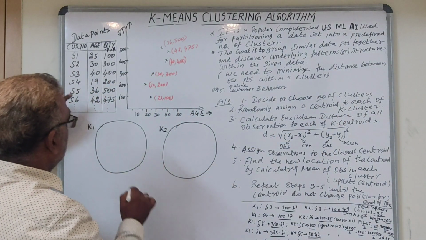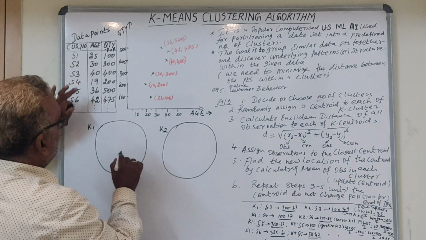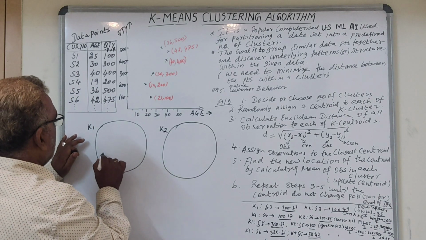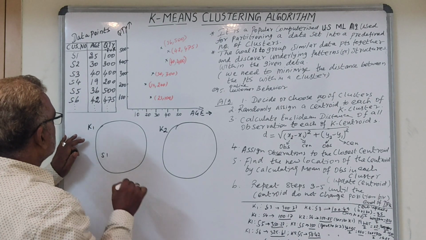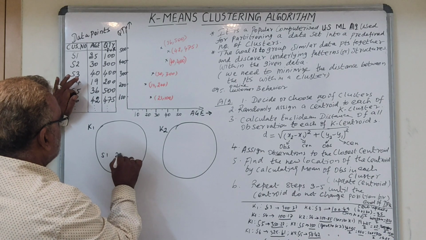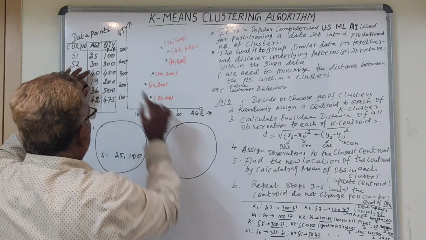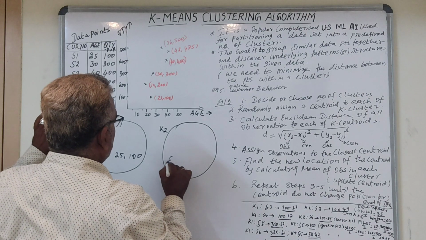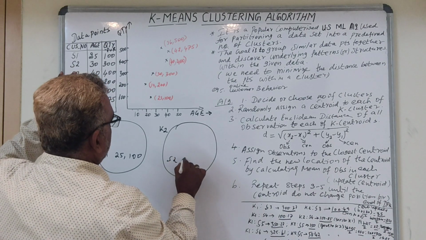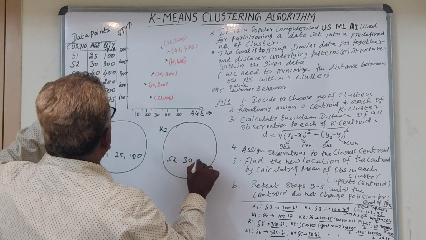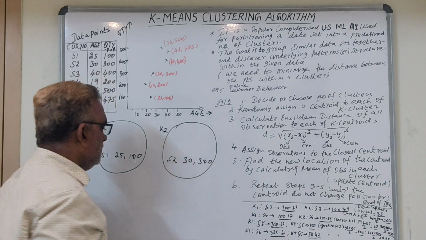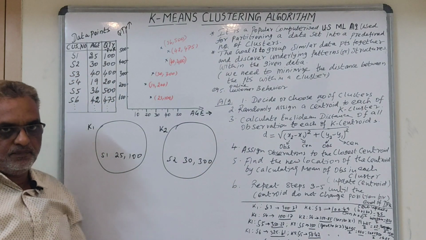Let us assume we assign the centroid value for cluster 1 as S1. So the S1 value is 25, 100. Similarly for K2 we assign the S2 value, which is 30, 300. So these are the centroids.